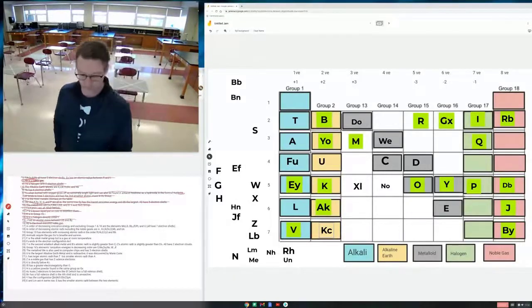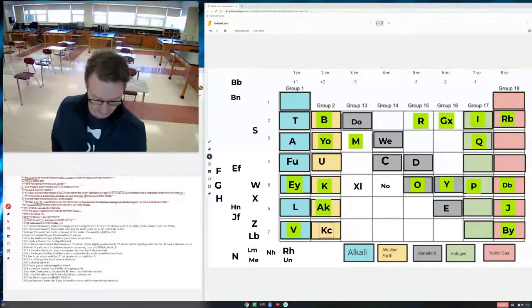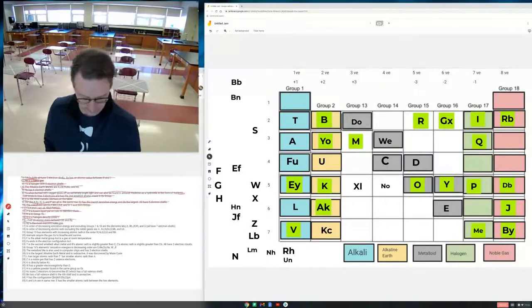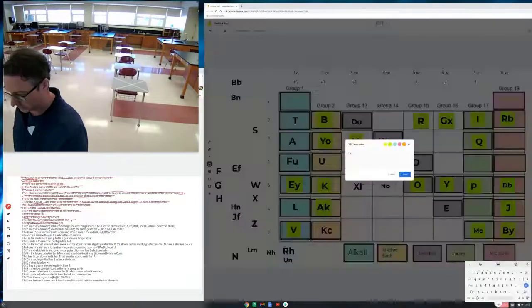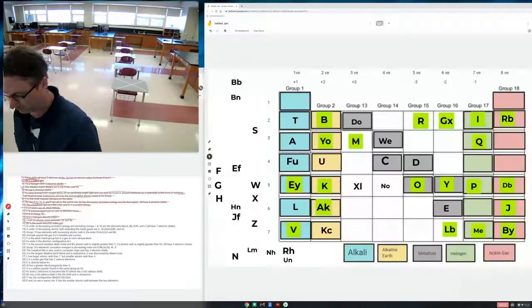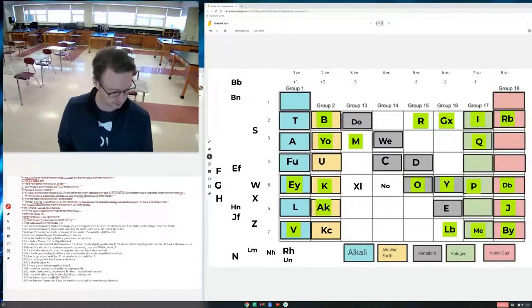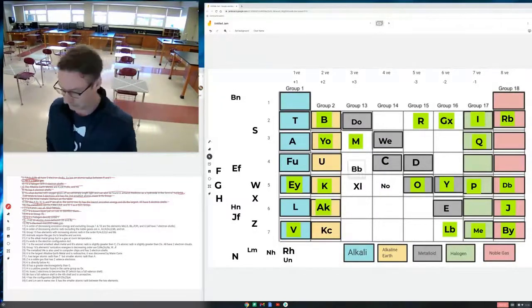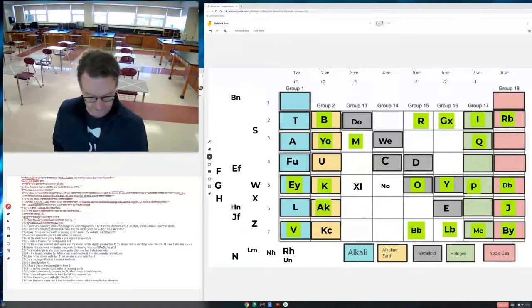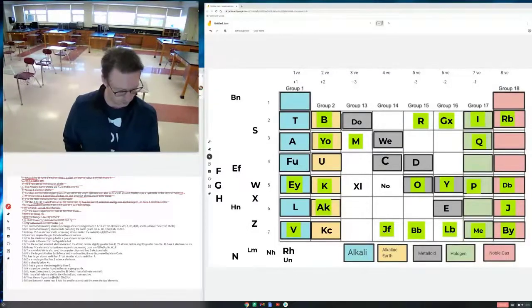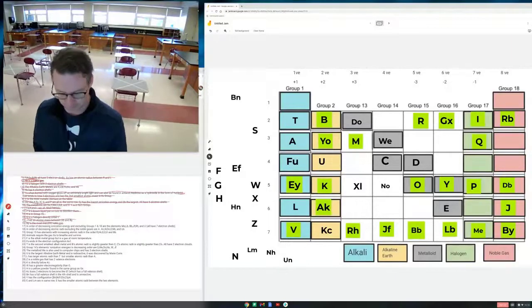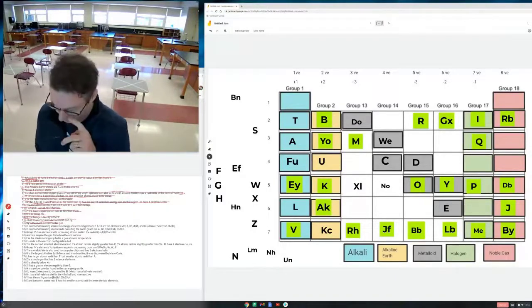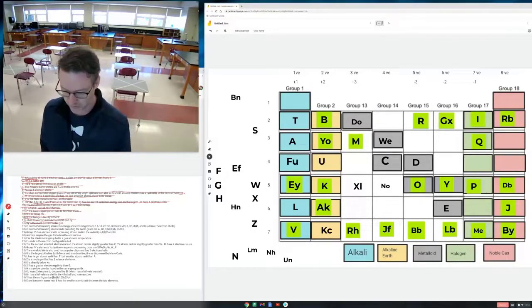And it means I'm going to start with group 17, being Me, then Lb. Again, they told us this is just in order in the 7th row of decreasing energy, which is right to left. Then BB and JF and RH and U. And I already have an element here, but that's because I wasn't sure which order the alkaline earth metals were going to go in, or at least some of them.